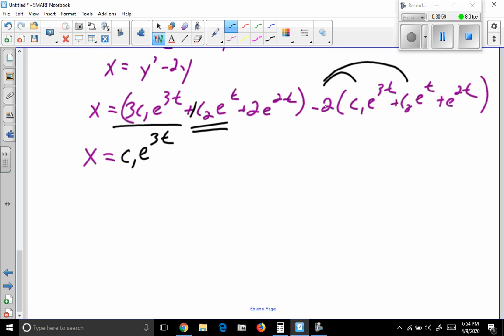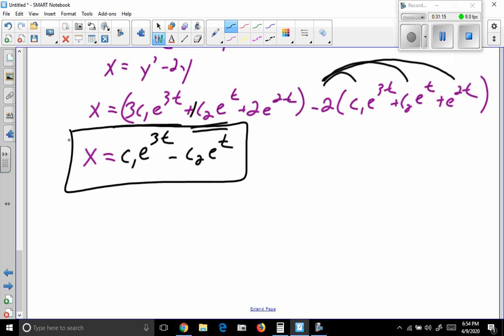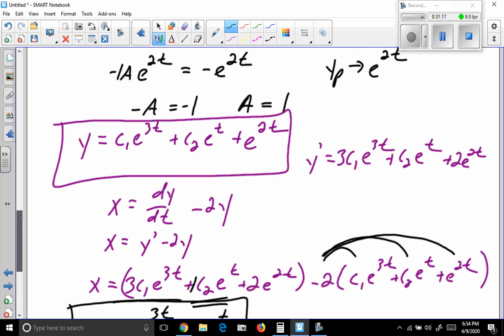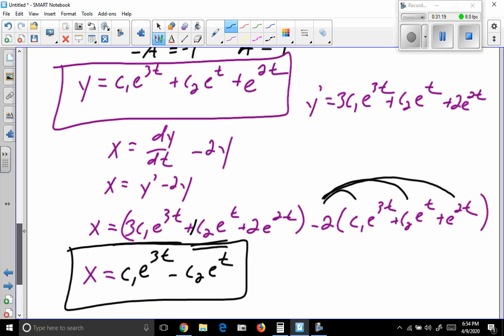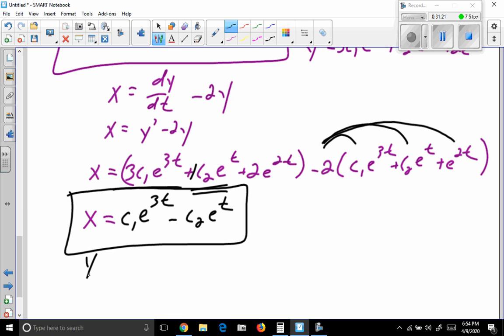So 1 minus 2 would be minus 1 c2 e to the t. And then when we distribute to there, we have minus 2 e to the 2t plus 2 e to the 2t, and those cancel. So that gives us x. And we have y.